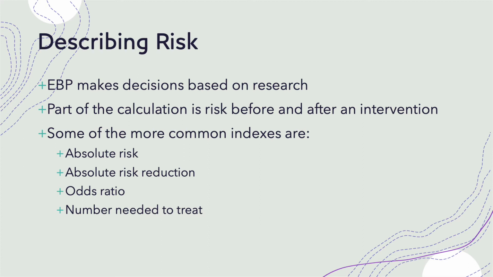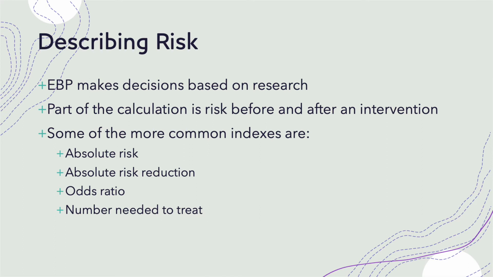Thus, the index is the estimated proportion of people who would not have had the undesirable outcome, though exposed to the intervention. An odds ratio is the proportion of people with the adverse outcome relative to those without it. So we're comparing the people with the adverse outcome to the people without it.